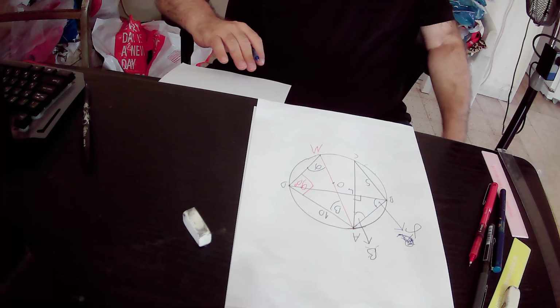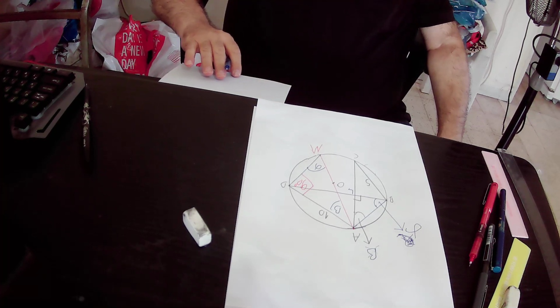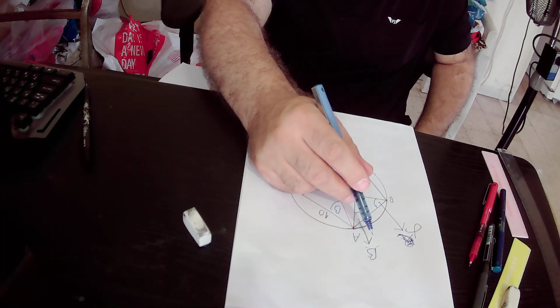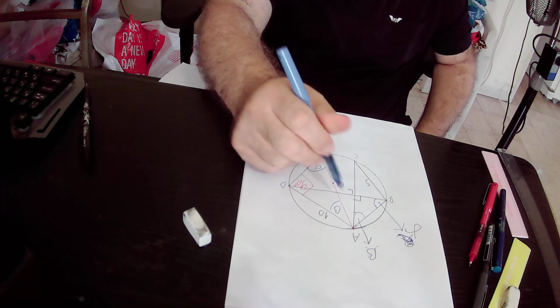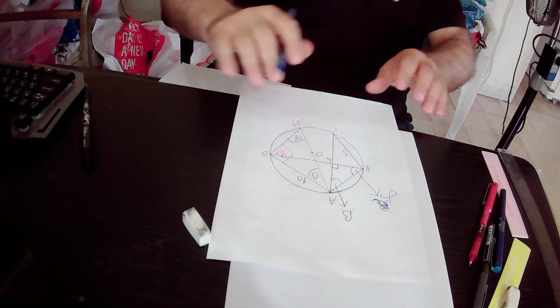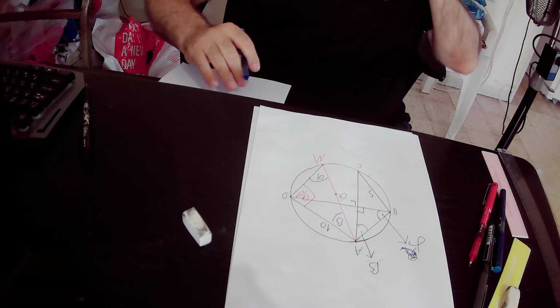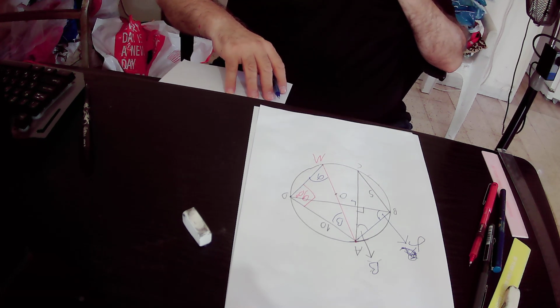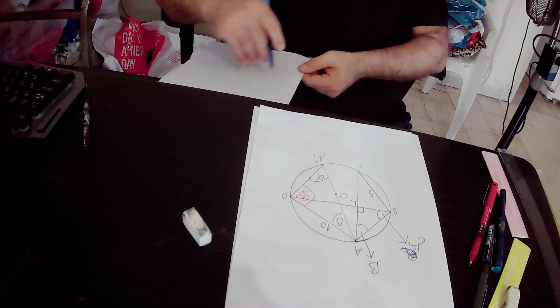And we have angle BAL that equals beta, and angle MAD also equals beta. Actually, we have rule number 3.